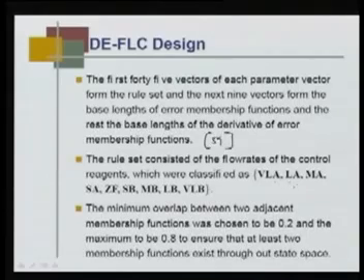So, this is how the output is fuzzified. The minimum overlap between two adjacent membership functions was chosen to be 0.2 and the maximum to be 0.8 to ensure that at least two membership functions exist throughout the state space.